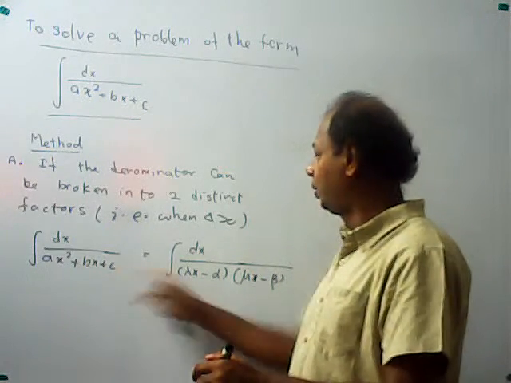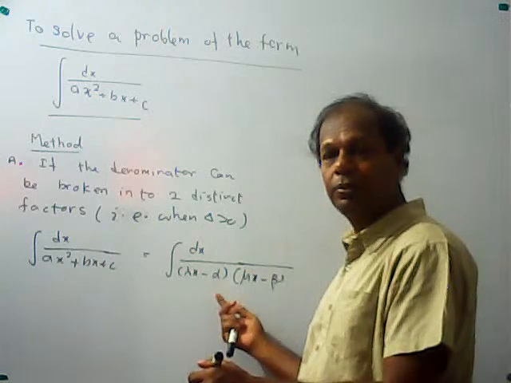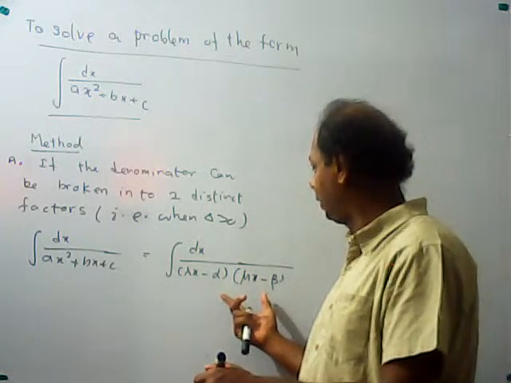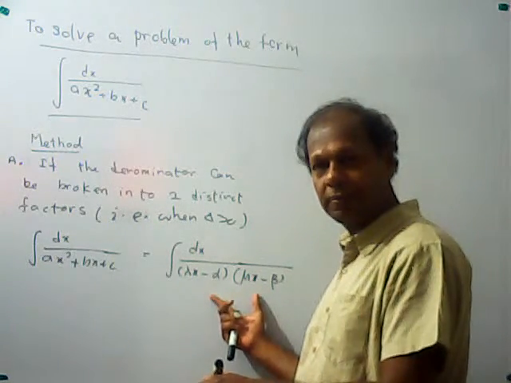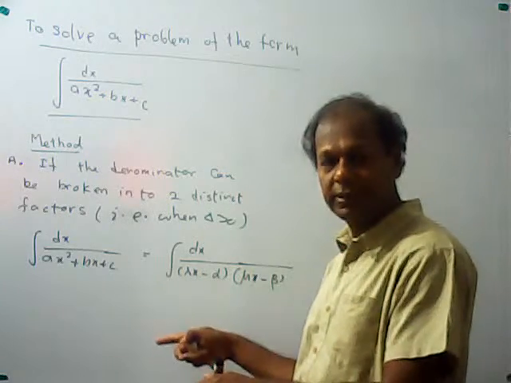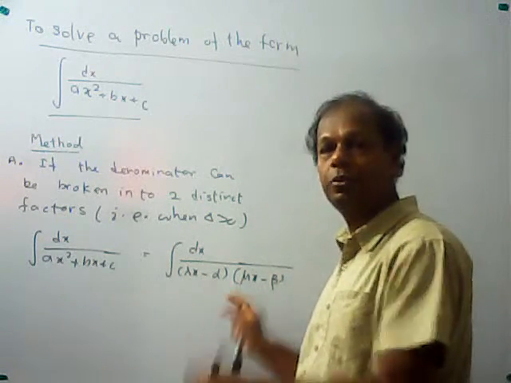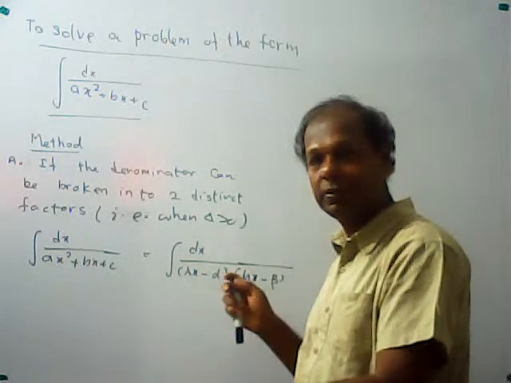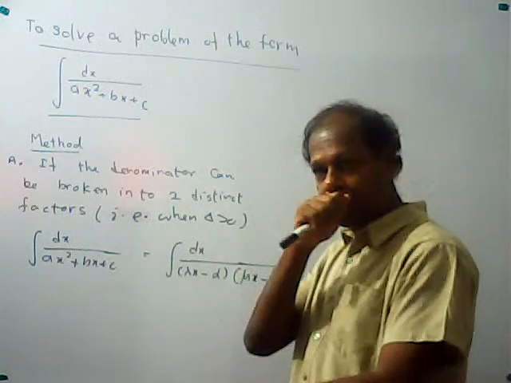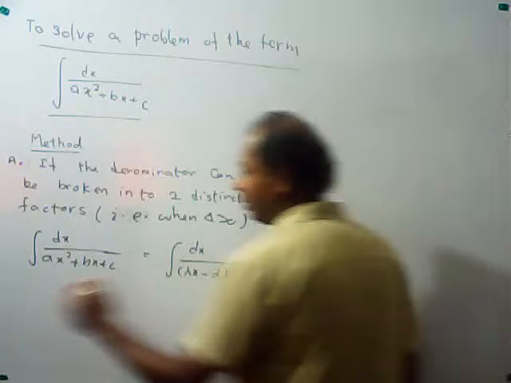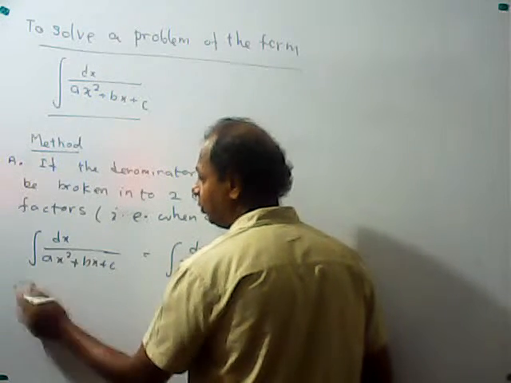Say you break the denominator into two distinct factors, then you can use these factors to find partial fractions. Then you can break this into two parts using partial fractions, and we integrate using partial fractions.